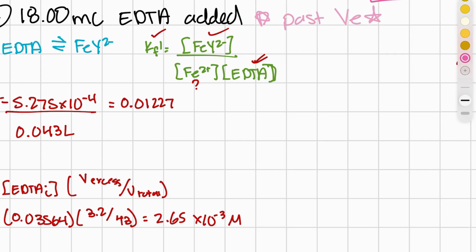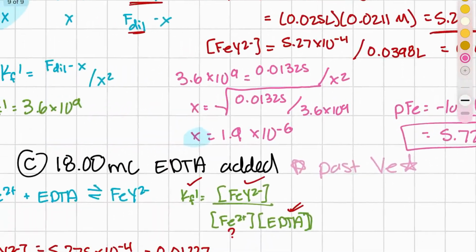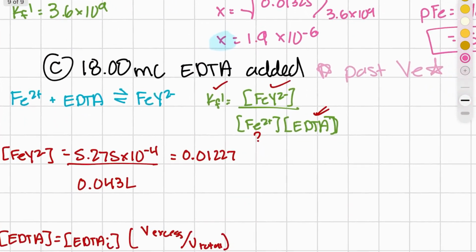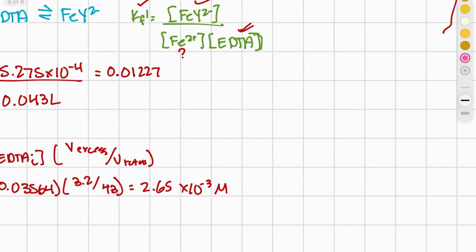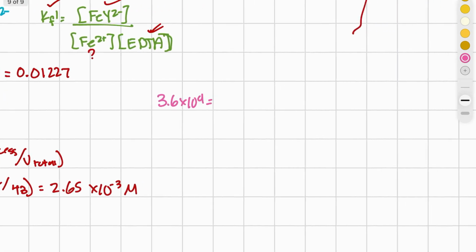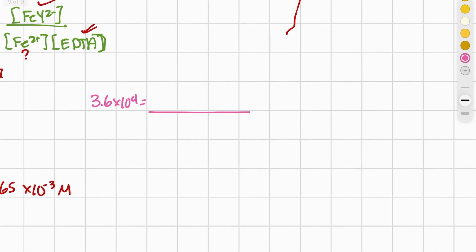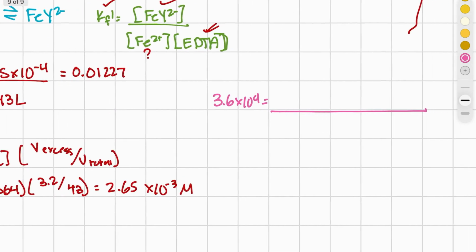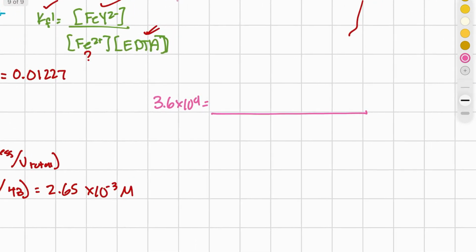So let's see. We know Kf prime. I just have to remind myself of what it is. Let me find it. There it is, 3.6 times 10 to the 9 equals, let's see, we have FeY2-, that is going to be 0.01227.